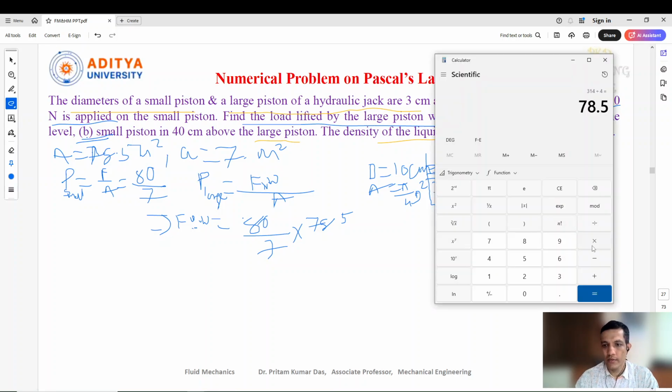Let's solve this: 78.5 into 80 divided by 7, that is 897.8.